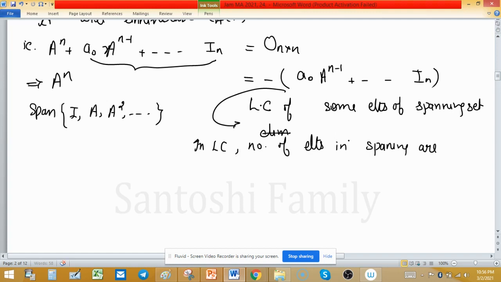The number of elements of a spanning set are n. Therefore, the dimension of W is at most n. At most n.